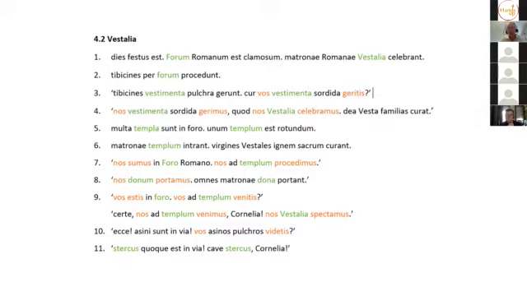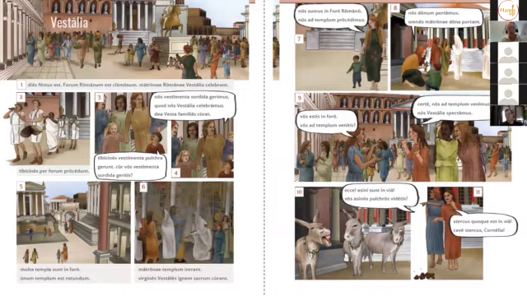But then look what happens if we take that material and Hannah applies her magic to it. So that's exactly the same text, but a number of things have now happened. One is that it's visually much more appealing to the students.